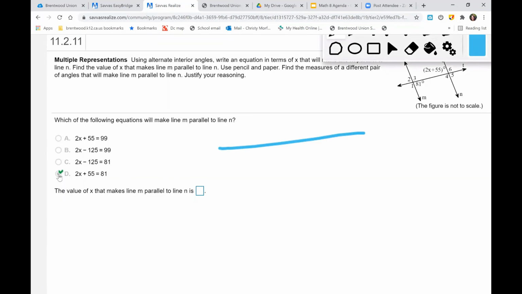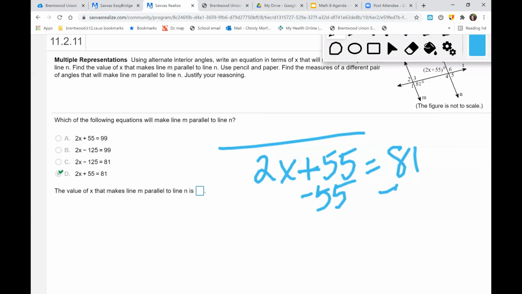So that's just a simple equation. I'm going to write it right here. You've been doing these since 6th grade, I believe, solving for equations. Remember that we want to get rid of everything around your variables. So I don't want the 2 and I don't want the 55. So I'll start by getting rid of 55 by subtracting 55.